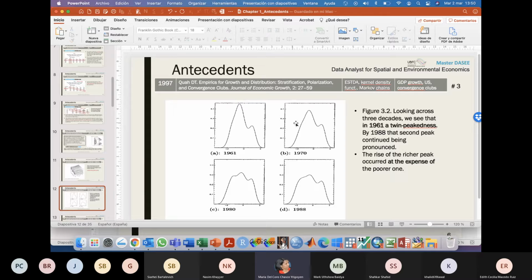So how do we interpret this evolution just by looking at the kernels? It could be concluded that the rise of the richer peak occurred at the expense of the poorer one.